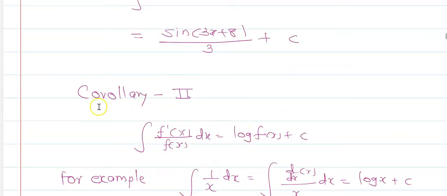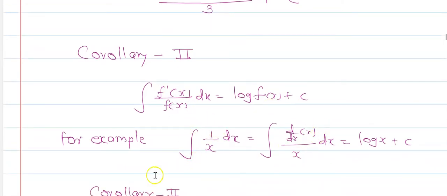Now next is a very important corollary: the integral of f dash of x upon f of x dx is nothing but log of f of x plus c. I will explain. Here is the integral of 1 upon x dx. It is very interesting: what is the derivative of x? The derivative of x is 1, and here is 1. In the form f dash of x upon f of x, the function f of x is equal to x, and its derivative is also present. What is its derivative? 1. And then what is its integral?